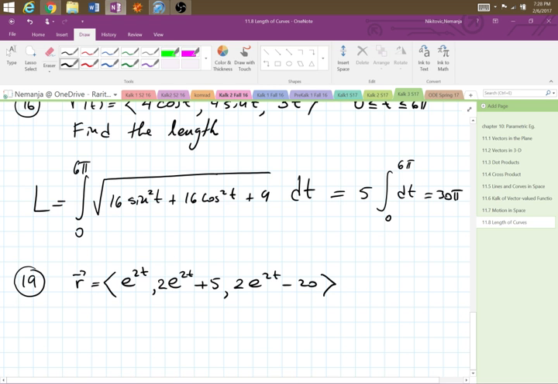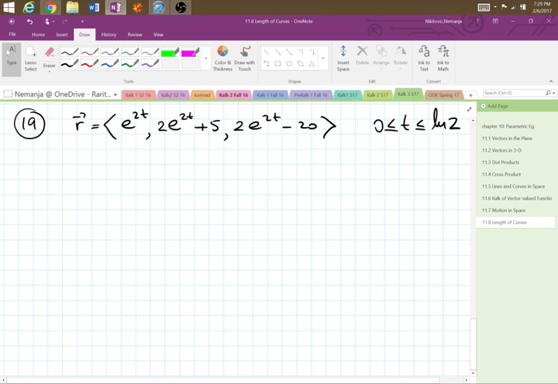I just fixed it. So it's e to the 2t, 2e to the 2t plus 5, 2e to the 2t minus 20, and then 0 to ln 2. 23 seconds, no pressure.